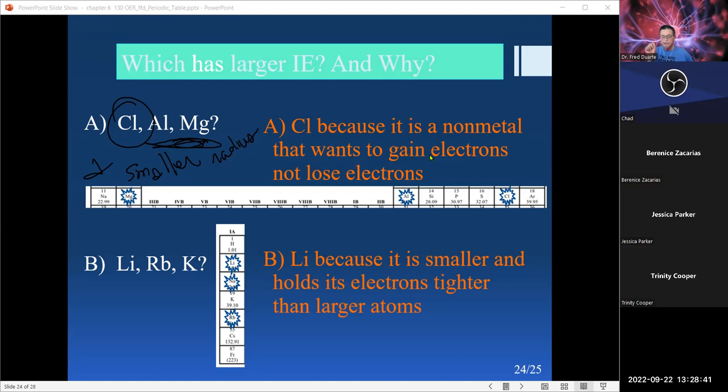All three of them share one valence electron, but lithium's one lone electron is much closer to the nucleus than the others, and hence is held on much tighter, and hence requires more energy to remove it. All right.